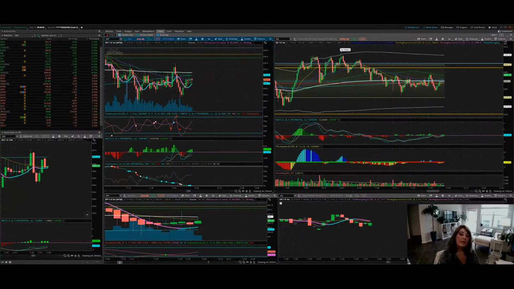Okay. See if they make another run at the VWAP. Let's see.